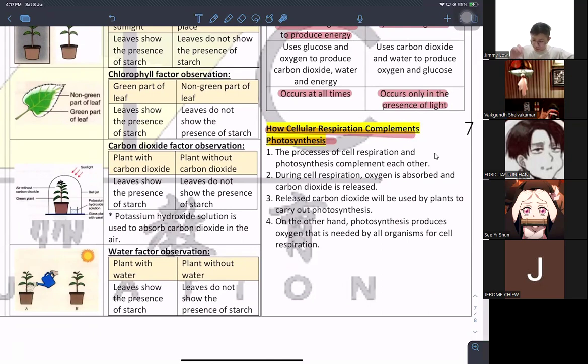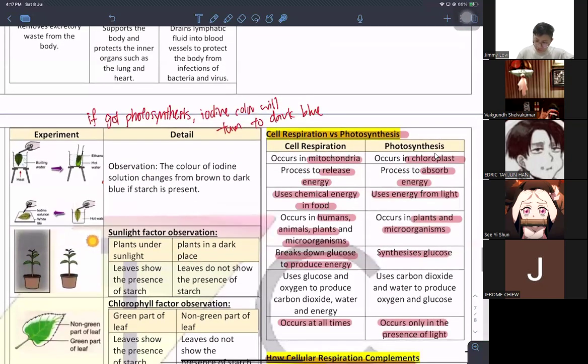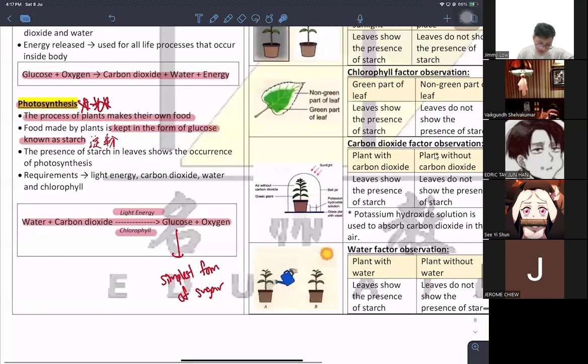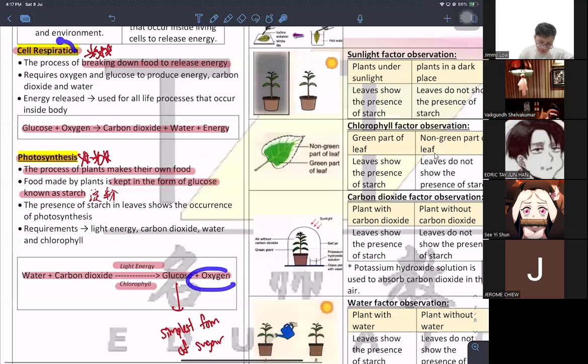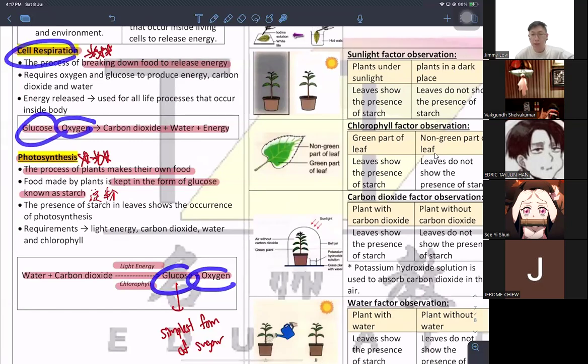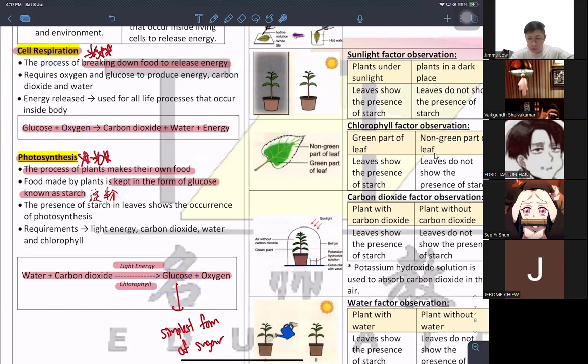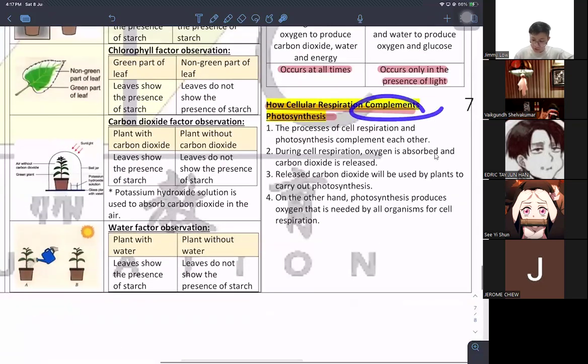So the relationship in between here is complement, which means they both need each other to survive. Because cell respiration produces carbon dioxide and photosynthesis uses carbon dioxide. Photosynthesis produces oxygen and cell respiration uses oxygen plus glucose. So the relationship here is complement lah. This is what you have to know how to explain.